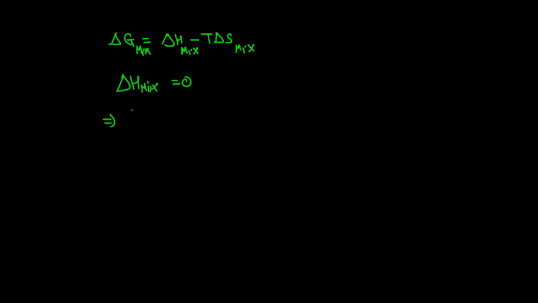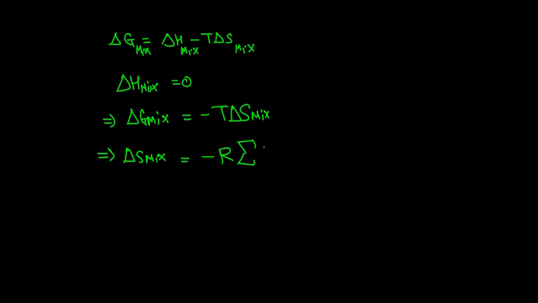So therefore delta G mixing is simply minus T delta S mixing, and therefore the entropy change on mixing is simply minus R, from the previous expression, times summation Ni ln Pi upon capital Pi. This is the partial pressure, this is the total pressure. This is the entropy change of mixing.